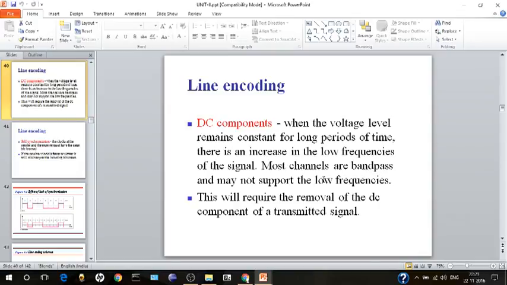DC components: when voltage levels remain constant for longer periods of time, there is an increase in the low frequency of the signal. Most systems do not support low frequencies, so we remove these DC components as they are not essential. Take a quick glance at this slide because this is important for this topic.